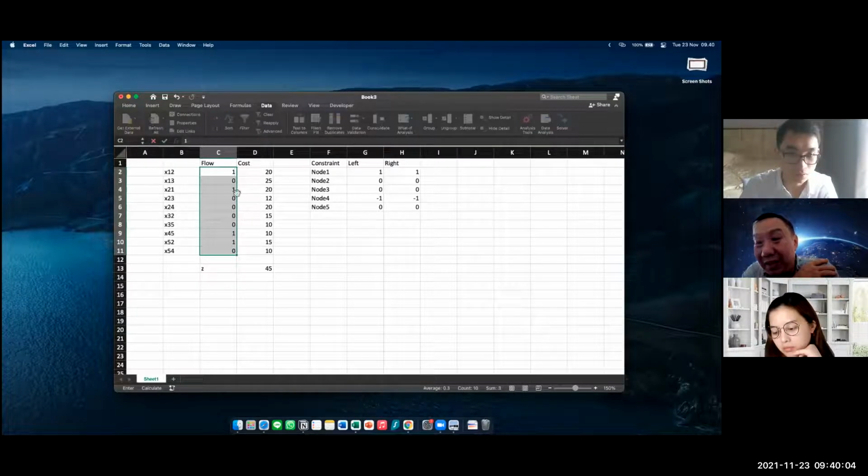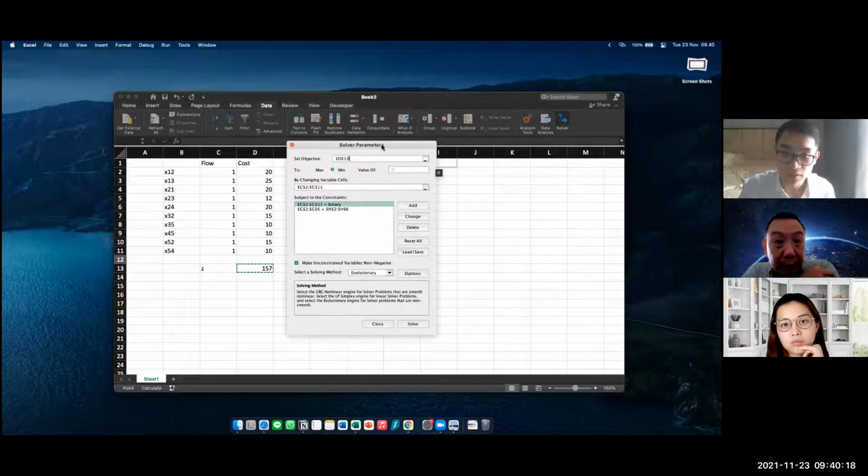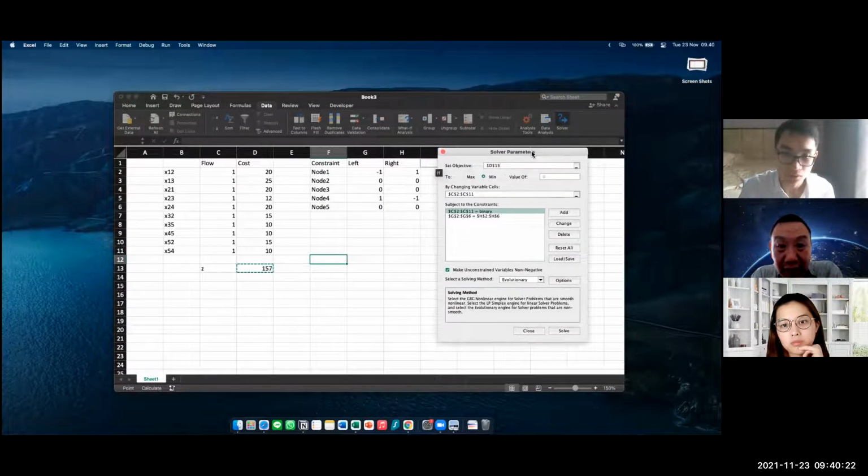If you use GRG with all ones, it doesn't solve. GRG nonlinear does take initial values: the ones that you put as changing variable cells are the initial values. So if you try using GRG nonlinear, it doesn't work.